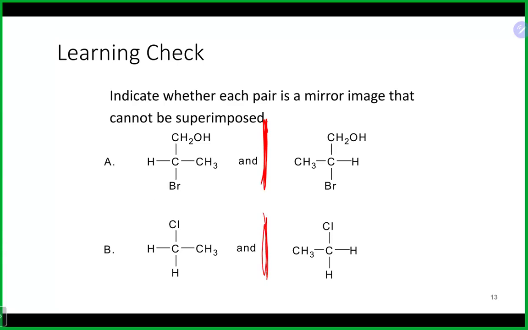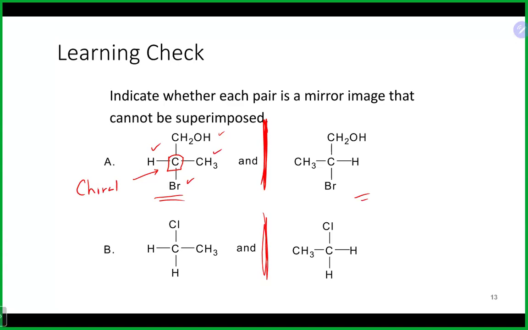So if this was our original structure and on this side is our mirror image, if we take a look at our carbon, this group is different than that group, and those two groups are different than that, and all three of those groups are different than the other one here, the bromine. That would mean that is four different groups that are attached, and that would make this a chiral carbon.